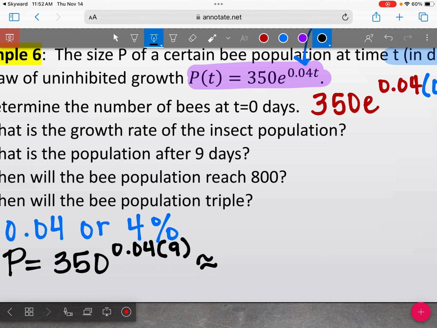I'm going to type this in real quick because I don't have my notes next to me with my answer key. Second function ln, 0.04 times 9. So I get approximately 502 bees.